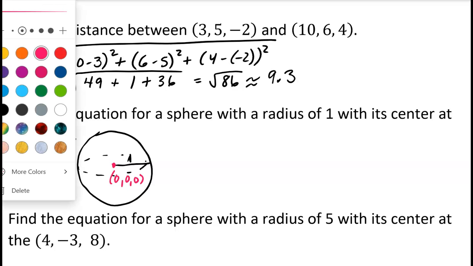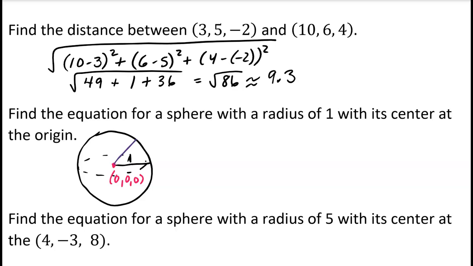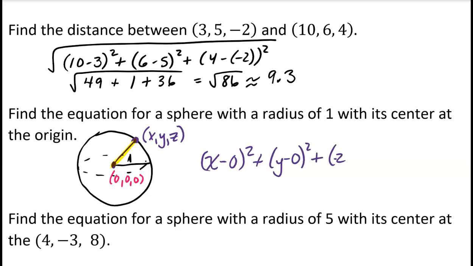So the equation for the sphere is going to be anywhere along the outside edge, the shell of the sphere. So I'm just going to pick a point on the sphere and label it x, y, z. Now let's figure out the distance between these 2 points. So I'll say x minus 0 squared plus y minus 0 squared plus z minus 0 squared. And when I take its square root, this will give me the radius, the distance between those 2 points.